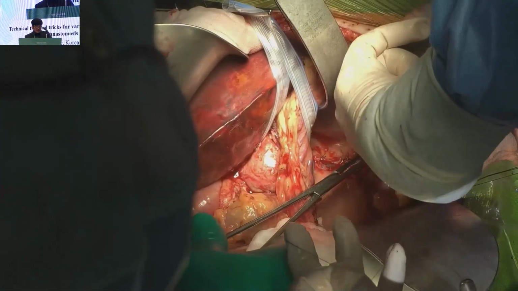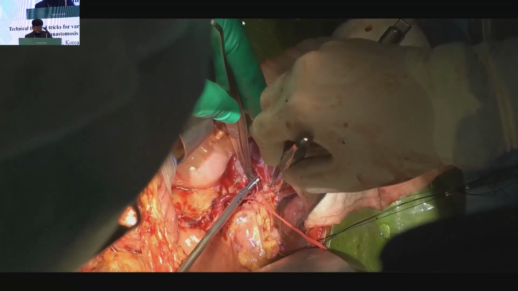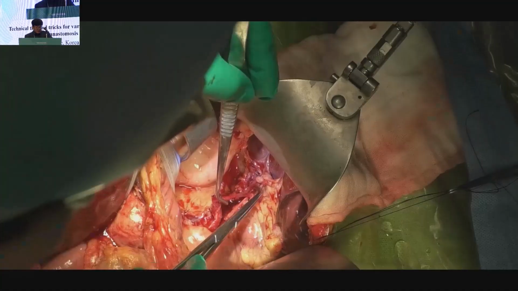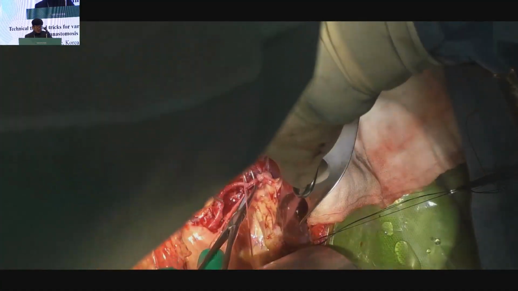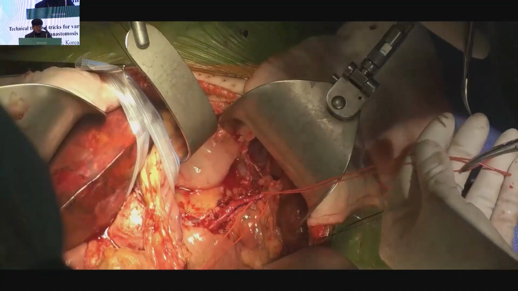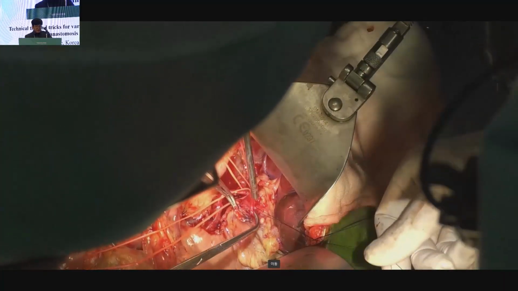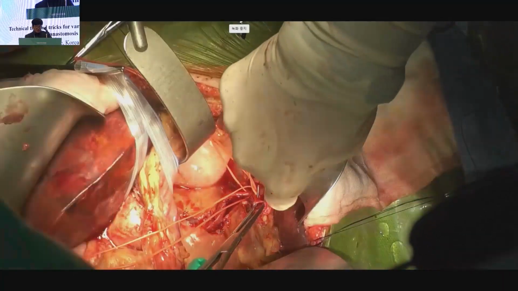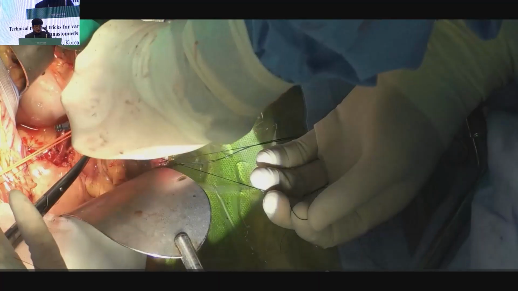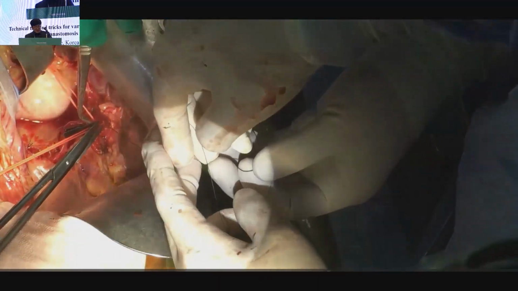We harvested the splenic artery along the upper border of the pancreas. This is a pediatric liver transplantation, so we performed full isolation of the splenic artery up to its terminal branch to secure sufficient length and adequate caliber.